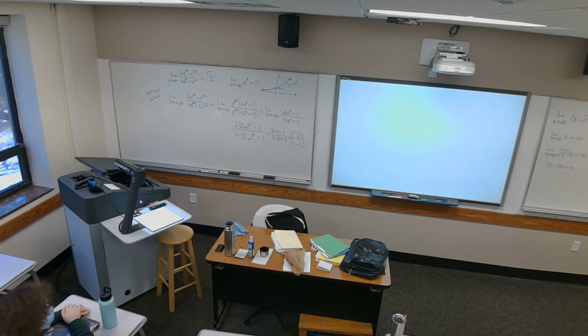And then when you divide the square root of x squared minus 2x by x, you actually divide it by the square root of x squared. You change x to the square root of x squared. And then when you do that division, x squared minus 2x over x squared, you end up with 1 minus 2 over x.